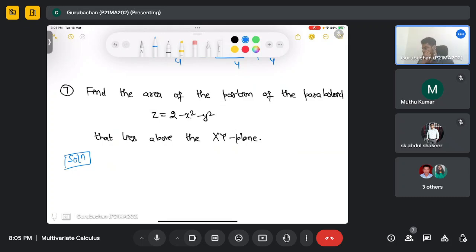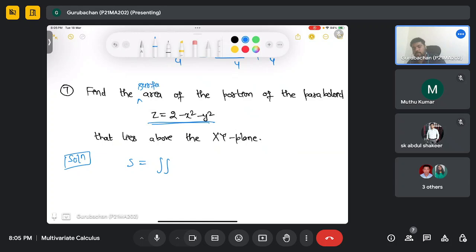Let's increase the speed a little. Anyone? Area formula, double integral dx dy, sir. See here, observe one thing. We have been given a function of three variables. That means we want to calculate a surface area. So, more precisely, this is surface area.